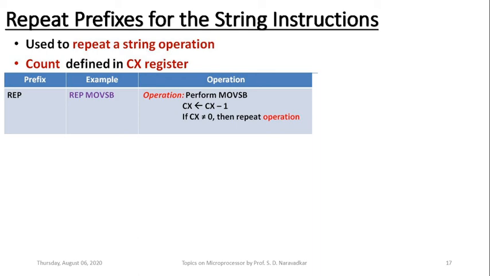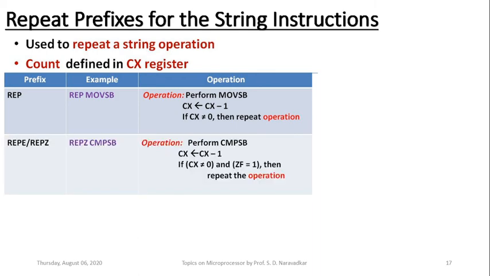A slight variation is REPE, repeat while equal, or repeat while zero, both are one and the same, REPZ. The example is REPZ compare string byte. The operation performed is compare string byte.